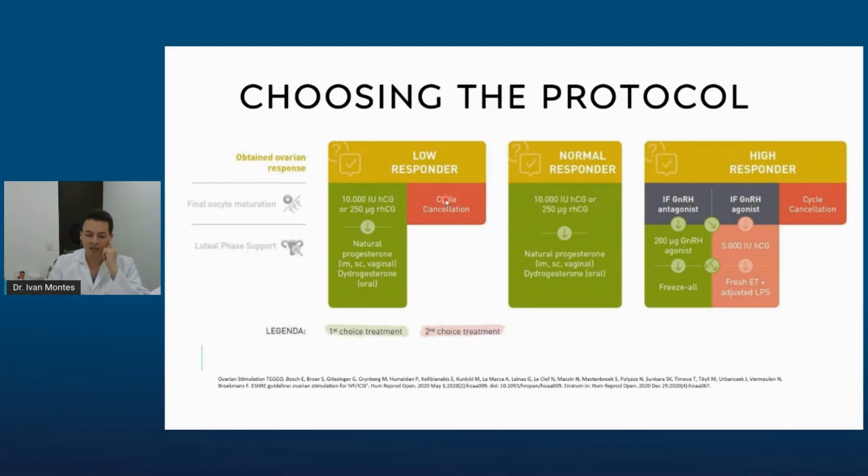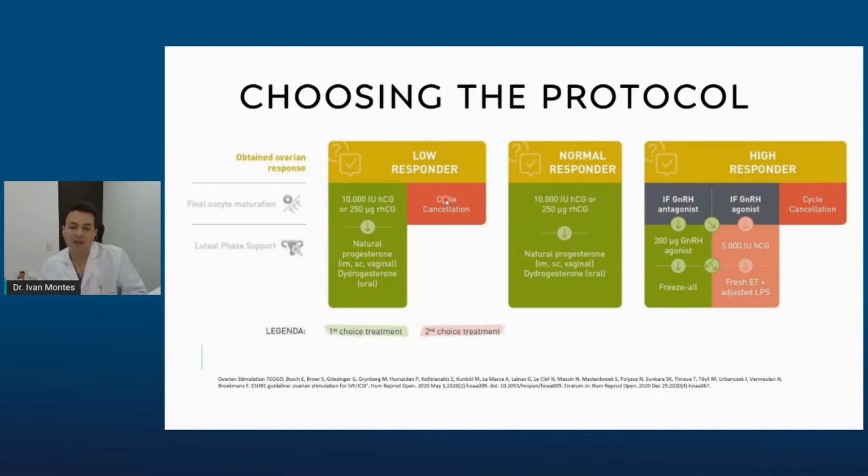And when we cancel the cycle in low responders, well, there's another controversy related to this, because we prefer, if we have at least 1 or 2 follicles, not to cancel, because the response in a later cycle might be the same or even worse.